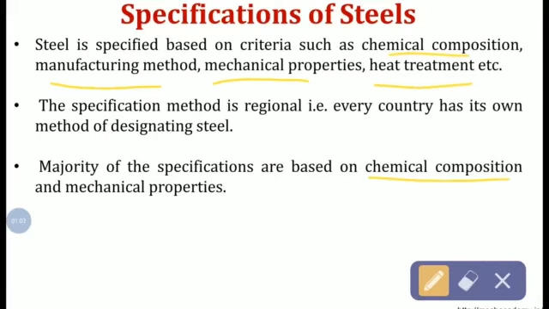So chemical composition is one of the important designation criteria, which gives us heat treatment and mechanical properties.